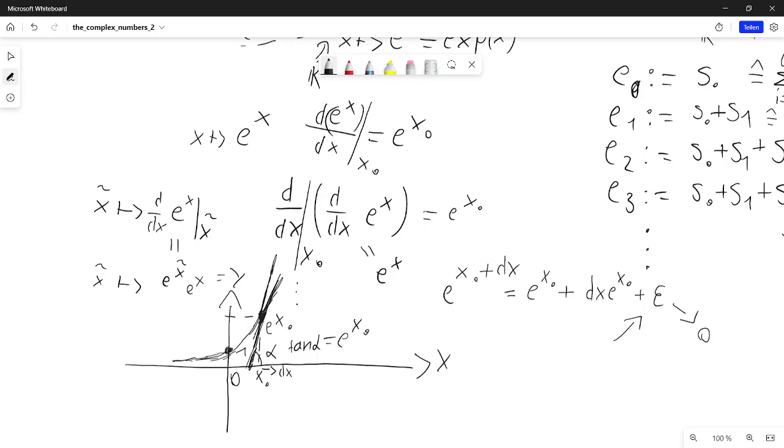And how do we denote this? We just take the value on this tangent that corresponds to it, and this value will be given by, well, this tangent has this slope.